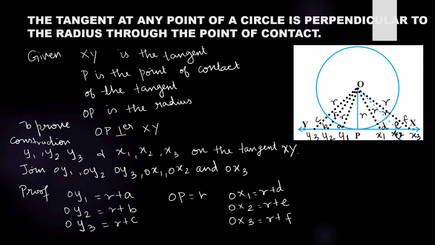Which is the shortest distance? OP is the shortest distance, and from the picture we found that OP is the shortest distance. Now we'll go to the next slide and explain.